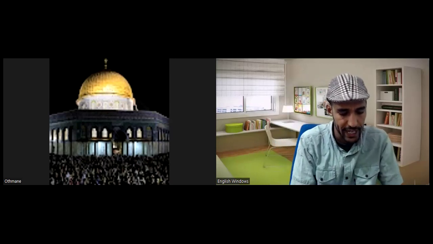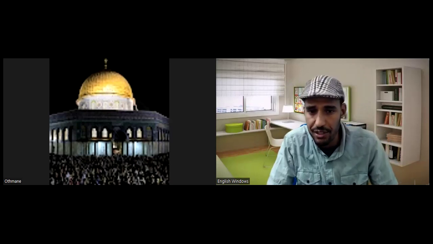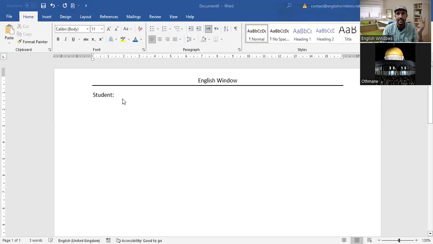Advantages. Okay, so here we go. I'm going to show you the Word document. We're going to highlight a kind of outline. We'll come to something called an outline when we write the essay.